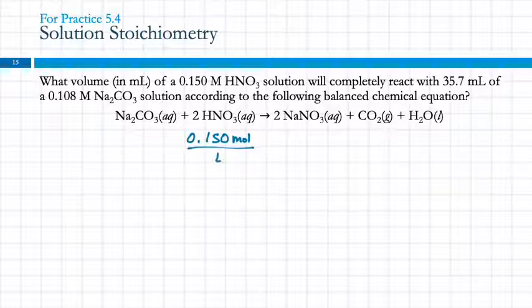A question in the back. I have a side question. As far as the balanced equations and stuff, will there ever be an unbalanced equation that you don't tell us? That's a good question. Will there ever be an unbalanced equation that you have to balance? Yes, there certainly could be.